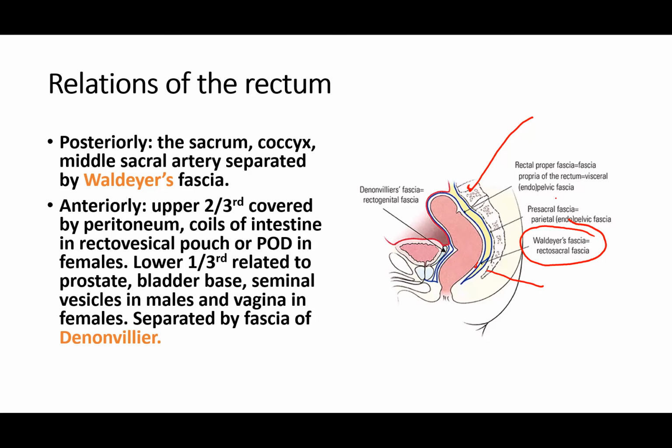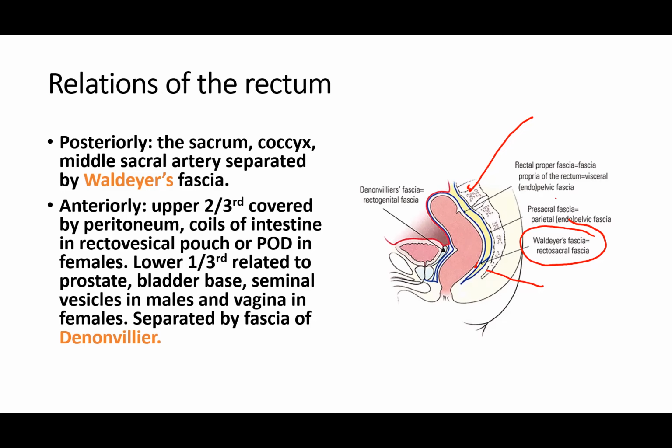The one behind is Waldeyer's fascia, and the one in front, behind the prostate, is called Denonvilliers' fascia. So posteriorly you have the sacrum, coccyx, and middle sacral artery, separated by Waldeyer's fascia.